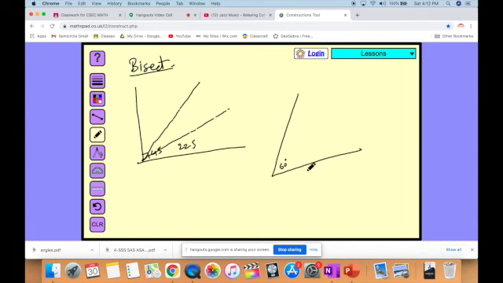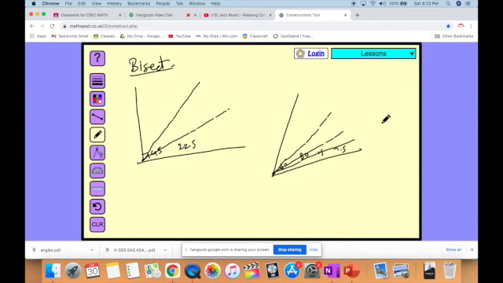Right? I have a 60 degree here. I could cut the 60 degree in half and get 30. And then cut that 30 in half and get 15. And then cut that 15 in half again and get 7.5. So you see, being able to bisect an angle is a really important thing, because now you could start to get other angles.